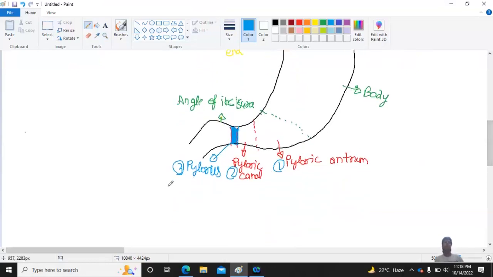Now this is the point where constriction is present. A sphincter is just a gate which controls the opening and closing, the entry of food from the stomach into the duodenum. Here a true sphincter is present, which controls the opening and closing.